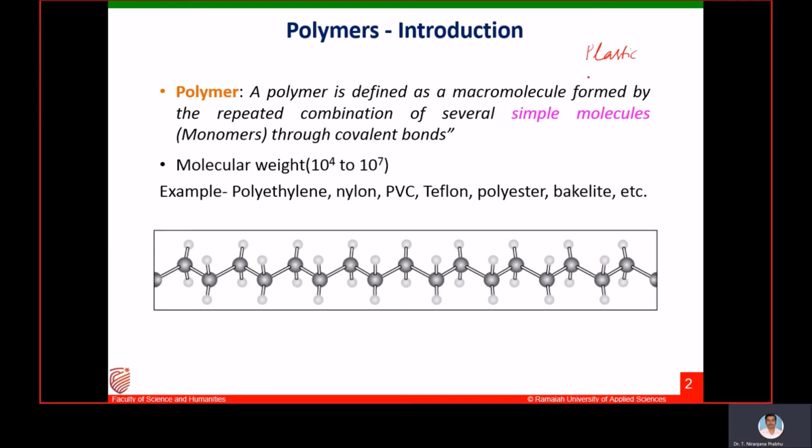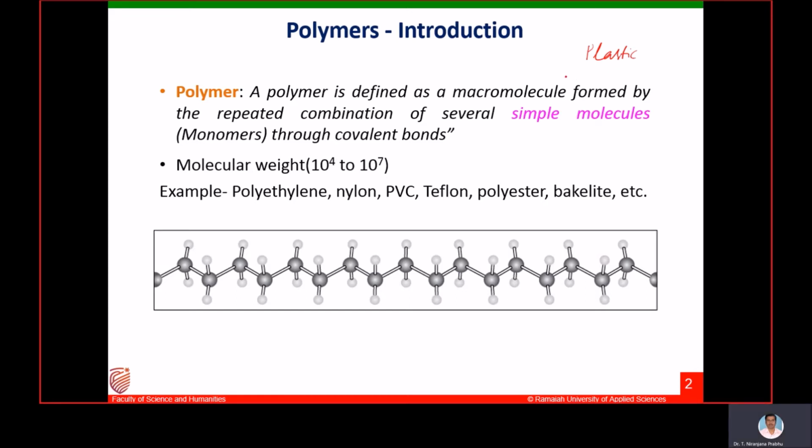In automobiles, many metal parts have been replaced with tough plastics. Similarly, in aerospace industries, many parts have been replaced with tough plastic materials and polymeric composites. So it is very difficult to imagine our day-to-day life without plastic.